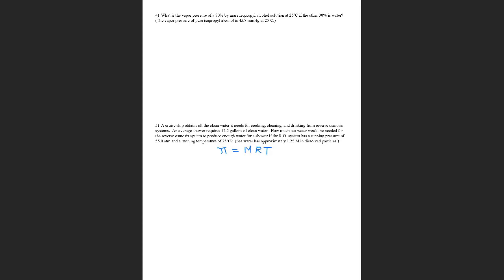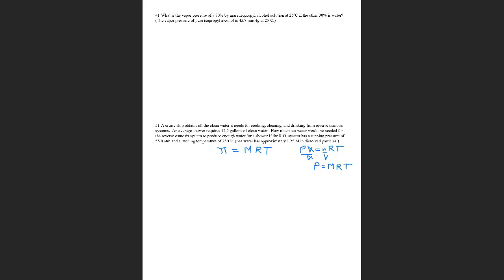Moles over volume. So if we looked at it like this, PV is equal to nRT. If I divided both sides by volume, there you got your n over V, and pressure is equal to molarity times RT.